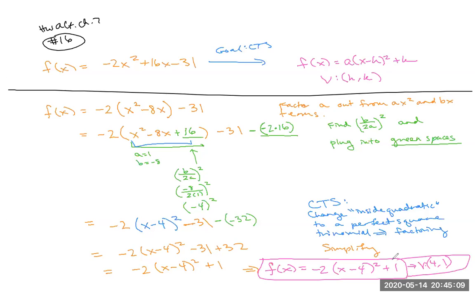Remember, if the signs get confusing to you, you're matching to a times the quantity x minus h. So that's why h is positive here. And then that quantity squared plus k. And that's why k is also positive. Okay, that completes that particular problem. We are done with number 16.